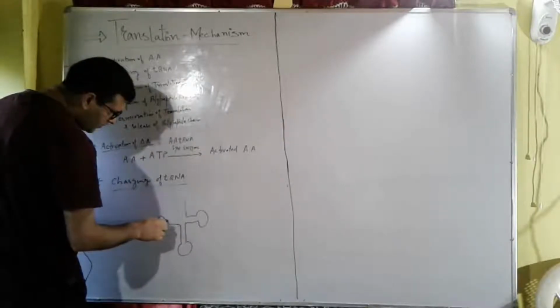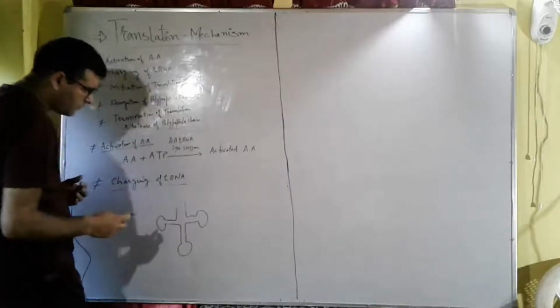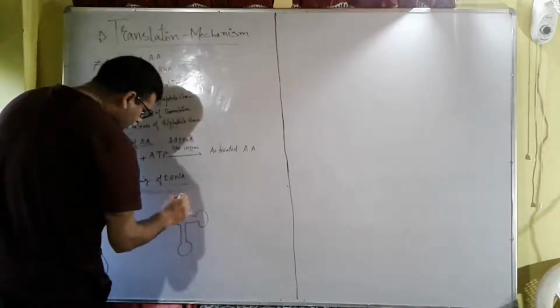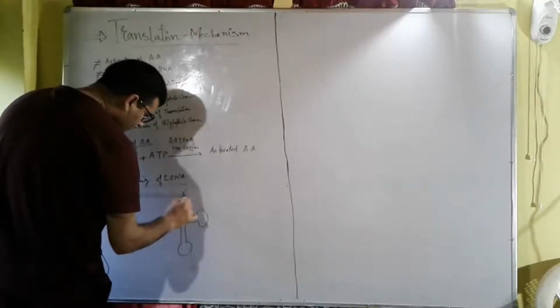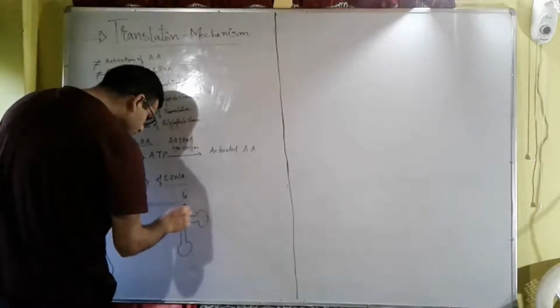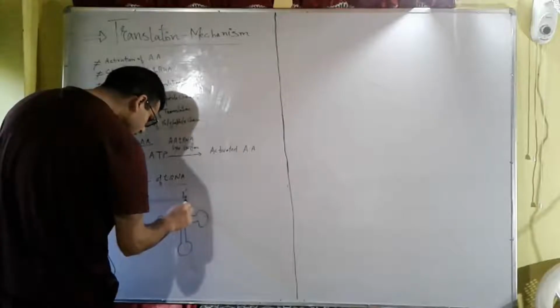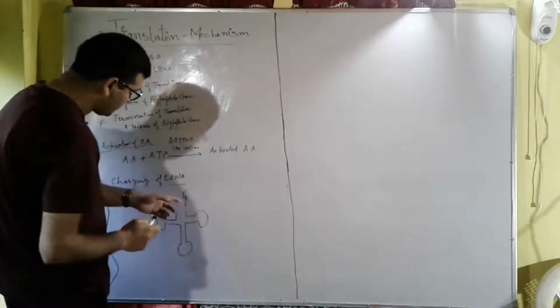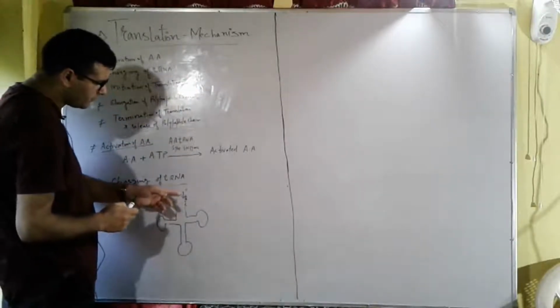So this is the 3' hydroxyl end, and we have a special nitrogen base sequence, CCA, at the 3' hydroxyl end of tRNA.